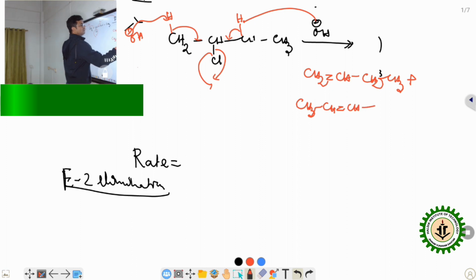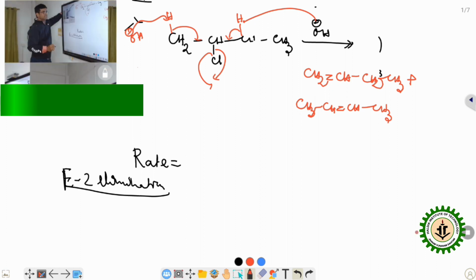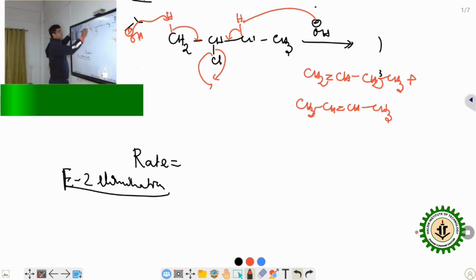Now the major product basically depends on the stability of the alkene in the transition state. How? We can show you this diagram of the transition state.